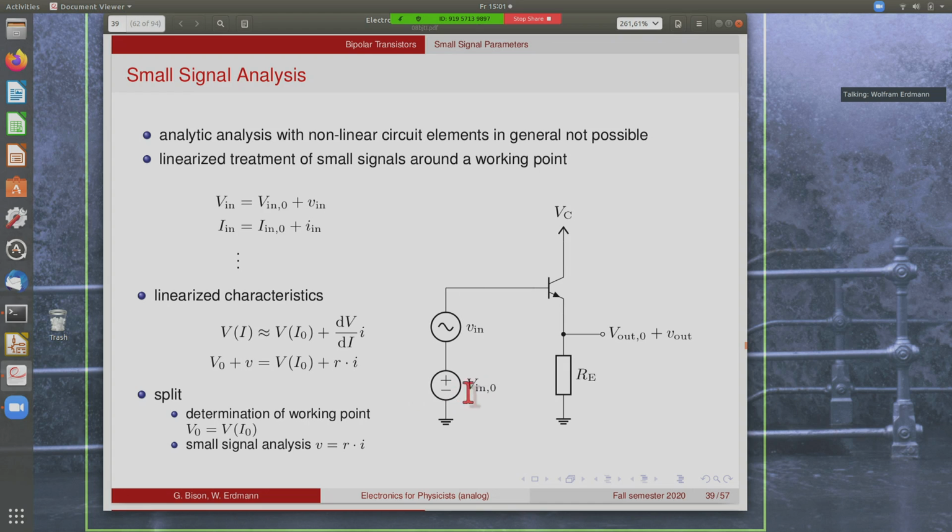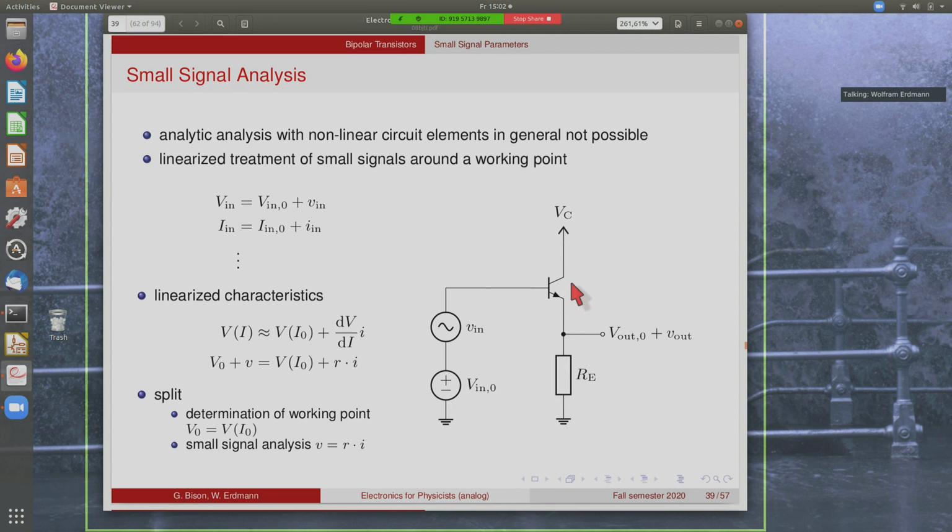So you take a DC voltage source, and on top of that a variable input which creates a signal, and you only care about what happens at the output. And of course, when this small change is 0, then you will get a DC voltage here, the output 0 for the working point, which is only a function of the input voltage for the working point. And when you add a small change of the input here, you get a small change of the output, which is then somehow proportional to this input voltage change.